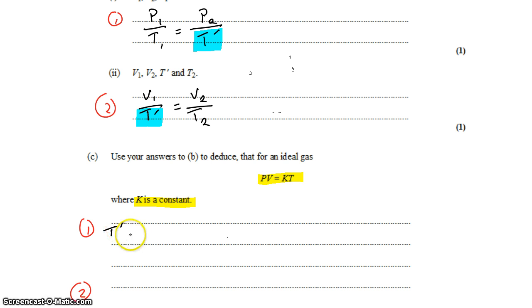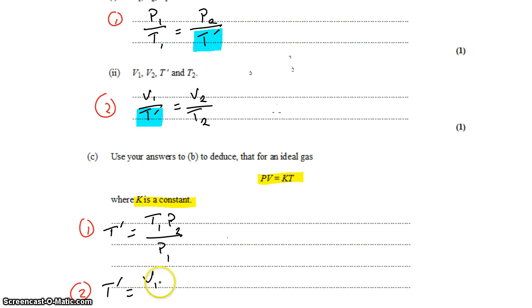When I solve equation 1 for T prime, what I get is T prime is equal to T1 P2 on P1. That's a cross multiplication and a division. Same process for equation 2, solving for T prime.